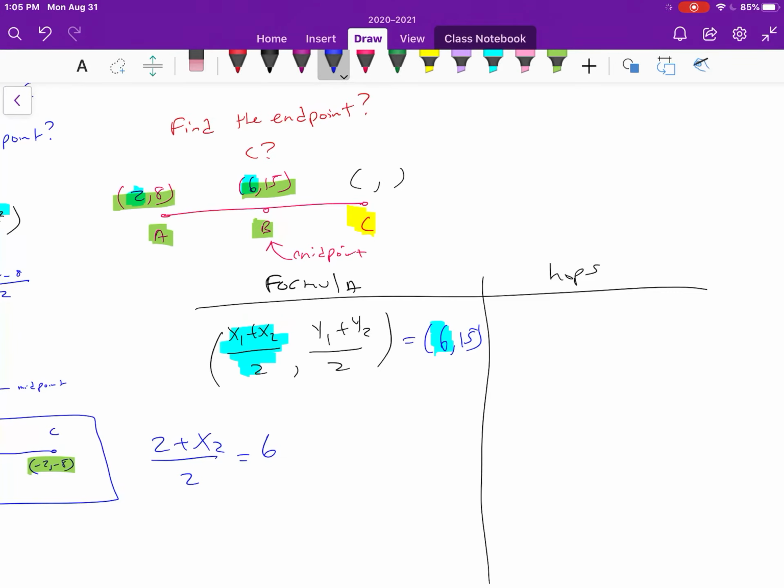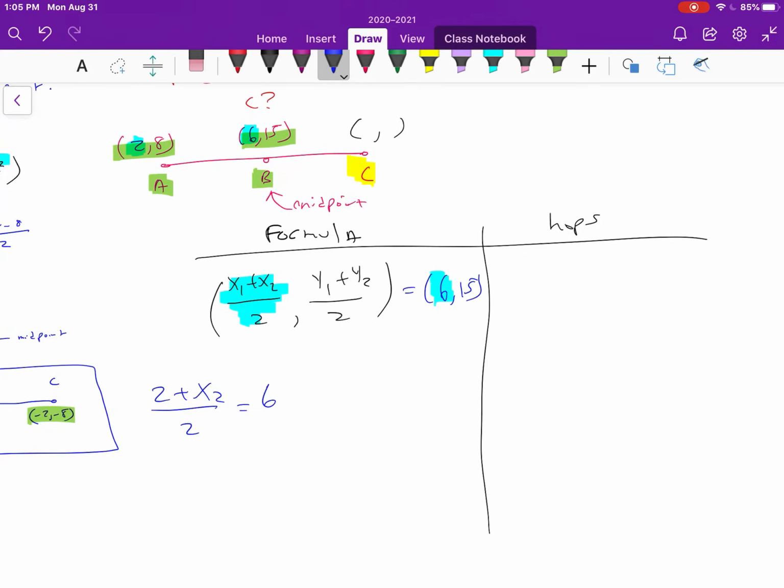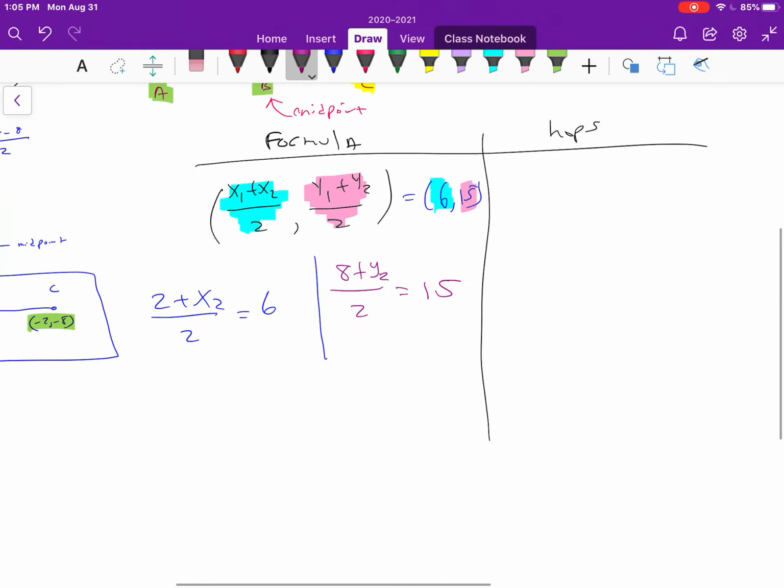You can just simply solve for it, because you'll have two equations here. The other one, if you're wondering, I'm going to match it up with this and that one, and I know it's going to be my y's involved. So when I plug it in, I'll have 8 plus y2 divided by 2, and that equals 15. So these are the two equations you need to solve. Okay? And then it gives you the missing endpoint at the end.